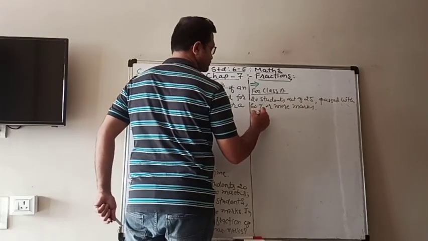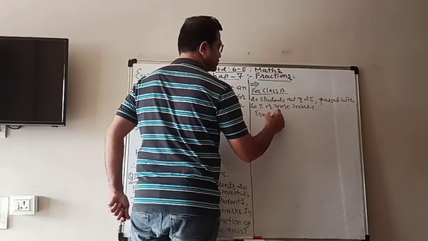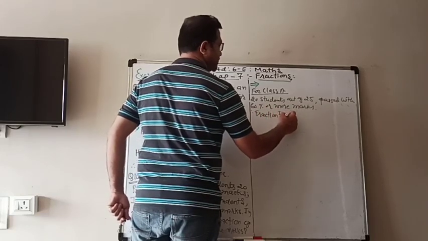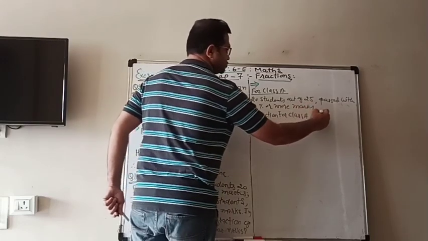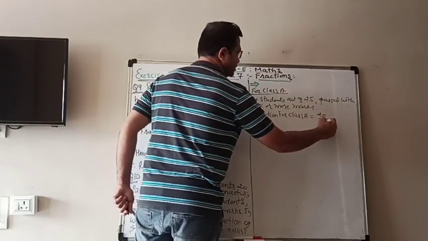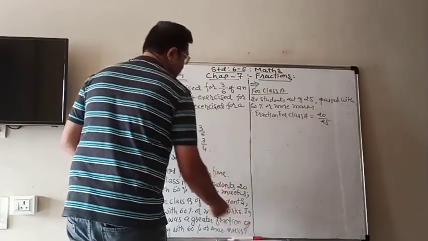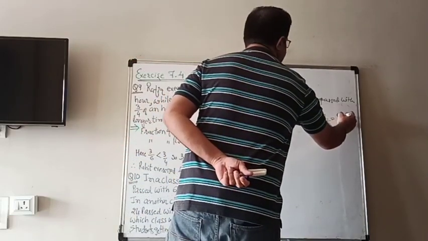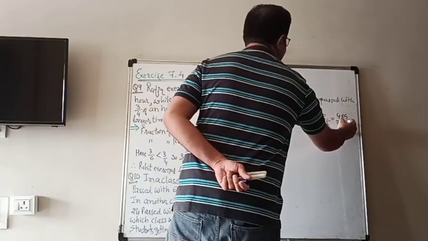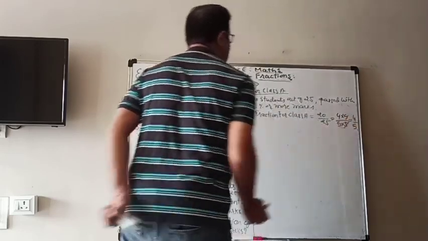Therefore, the fraction for class A is equal to 20 out of 25. That is 20 upon 25. We know that 4 5s are 20 and 5 5s are 25. So that fraction is 4 upon 5.